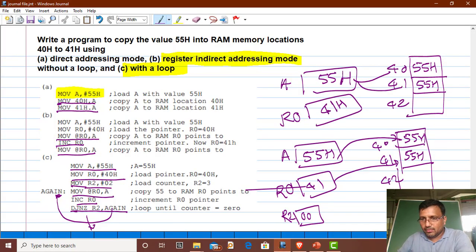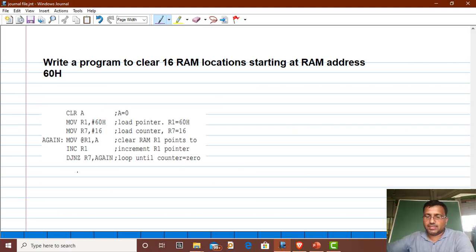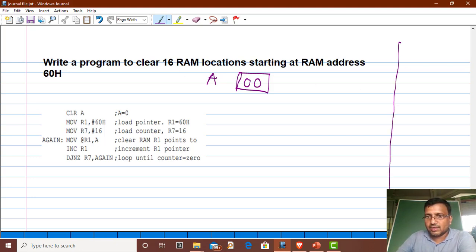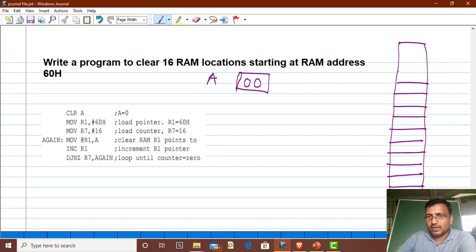So here we need to load 16 RAM locations. Very first thing, this is my A. When you write CLR A, A contains 00. Now I have the RAM locations here: 1, 2, 3, 4, 5, 6, 7, 8, 9, 10, 11, and so on till 16 RAM locations.